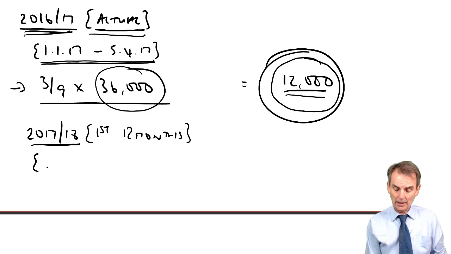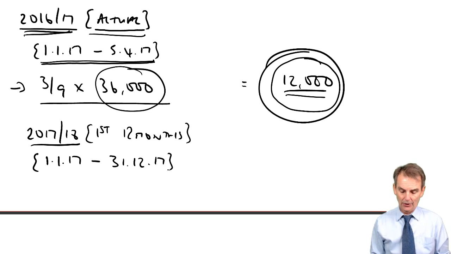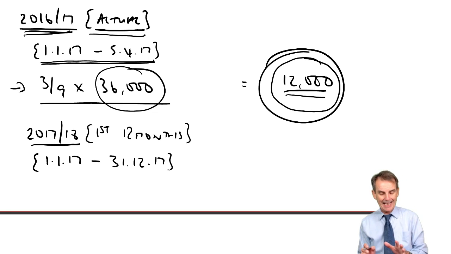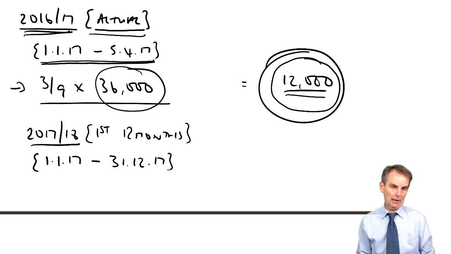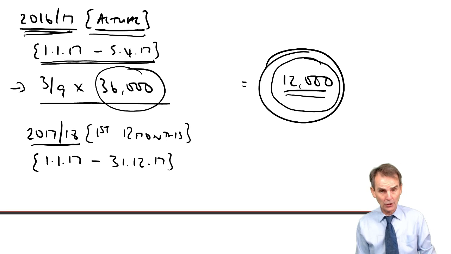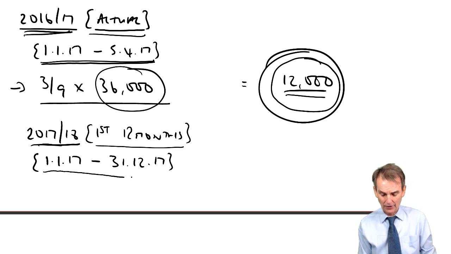First 12 months of trading means from the date you started, 1st of January, through to a date 12 months later, that would be the 31st of December. So again, the three basic things you need to know before the calculation can be done. What's the tax year? 17-18. What's the basis of assessment? First 12 months. Basis period, 1st of Jan to 31st of December.